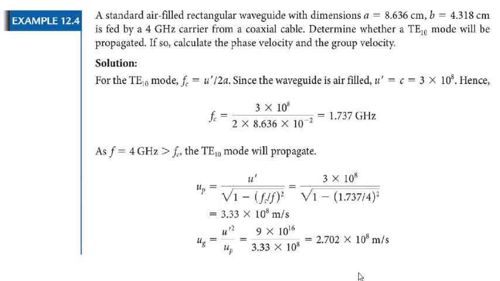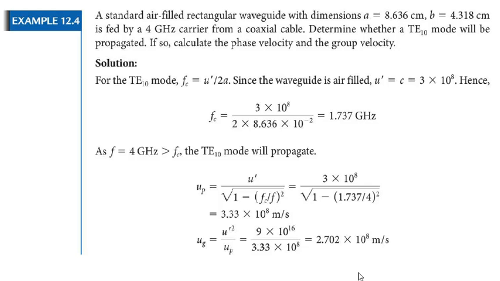You can use the equation u dash into root of 1 minus (fc by f) whole square, or you can use the relation vp into vg is equal to u dash square. That means the multiplication of phase velocity and group velocity is the square of the velocity of light, c square.